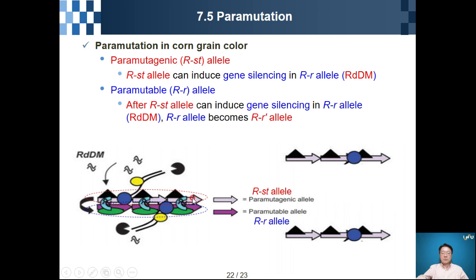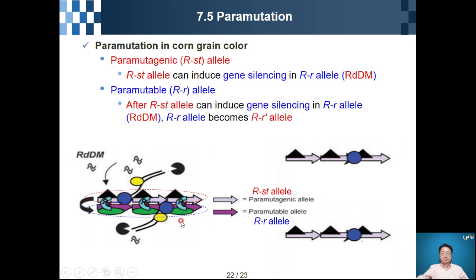When the interaction happens, the R st allele induces inheritable changes in the R allele. Once again, after the interaction happens between two alleles, the paramutagenic allele induces inheritable changes in the paramutable allele.